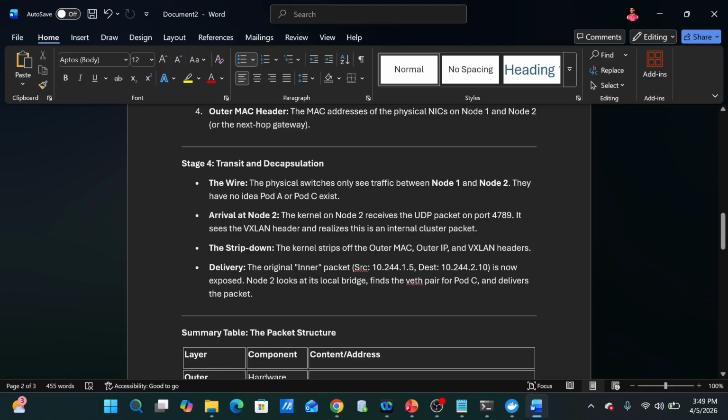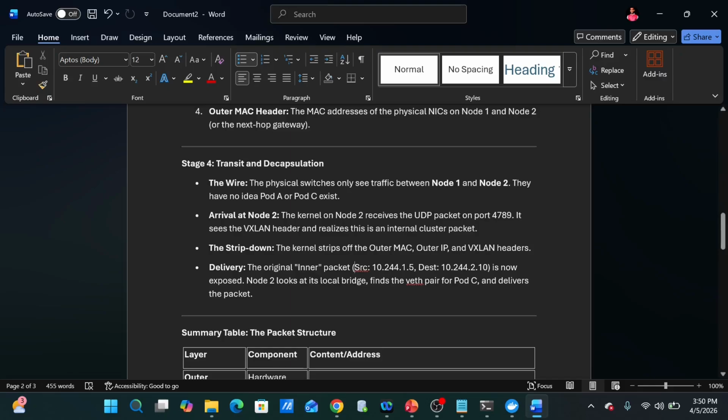So now the kernel strips off the outer MAC, outer IP and VXLAN headers. Now it's delivered, the original inner packet, source to destination, is now exposed. Source 10.244.1.5 and destination 10.244.2.10 is now exposed because we have just broken or uncovered the first layer of the capsule. Now the data inside has been shown and exposed.